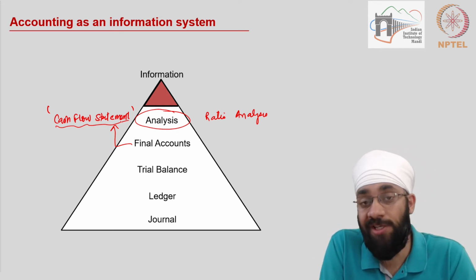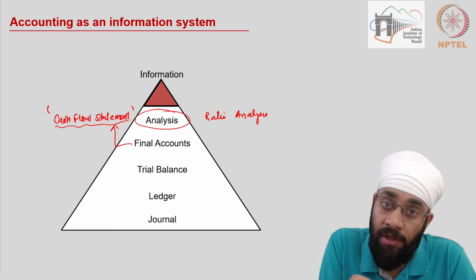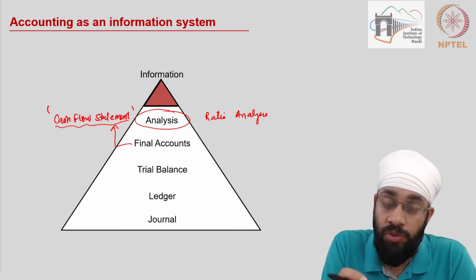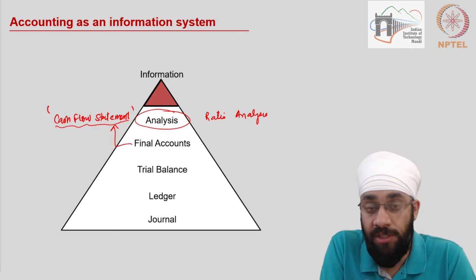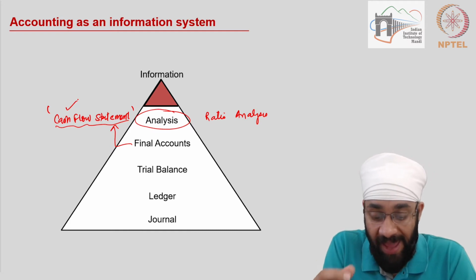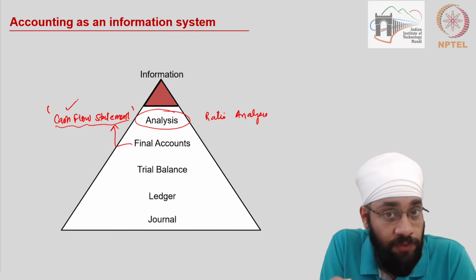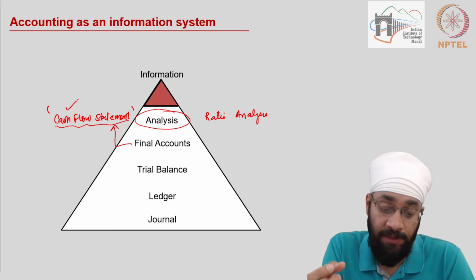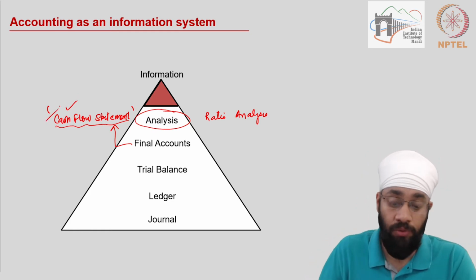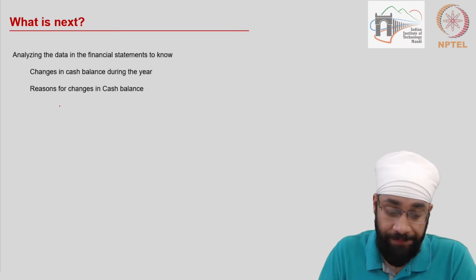However, cash flow statement is prepared based upon the income statement and balance sheet. Using the data from these two statements, we do some analysis with respect to the cash position of the business, and hence we like to think about cash flow statement essentially as an analysis statement as well. So this is what we are going to do going forward.